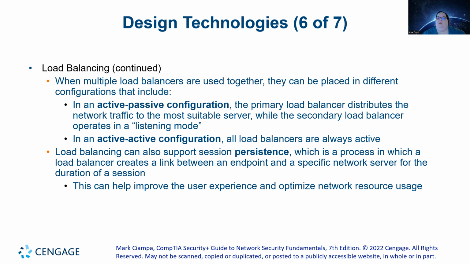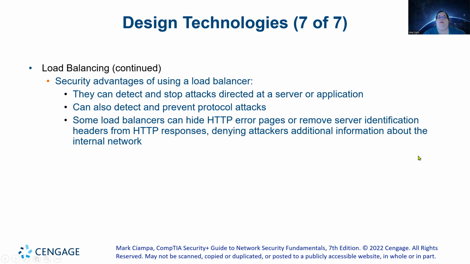The last one I worked with was an active-passive configuration. Load balancing can also support session persistence, which is a process in which a load balancer creates a link between an endpoint and a specific network server for the duration of the session. This can help improve the user experience and optimize network resource usage.